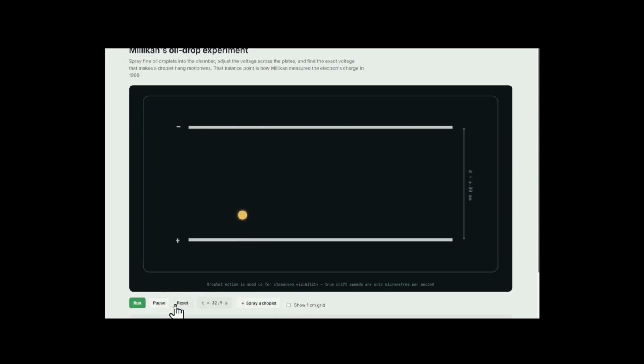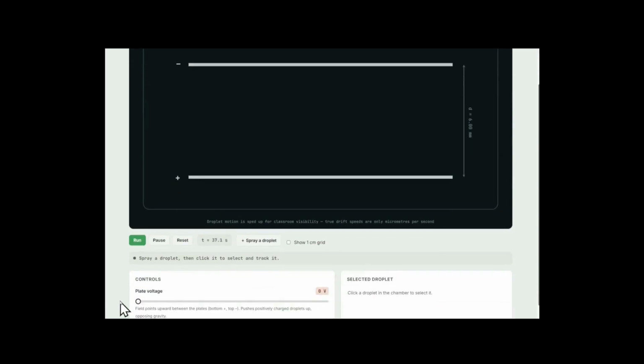Not much to see. Okay, then he kind of thought, well, let's introduce a voltage. So let's put a voltage across this. Let's spray a droplet, and it fell slower. And they did this thousands and thousands and thousands of times. We've got very precise measurements. So look at what they can control. They can control the distance.